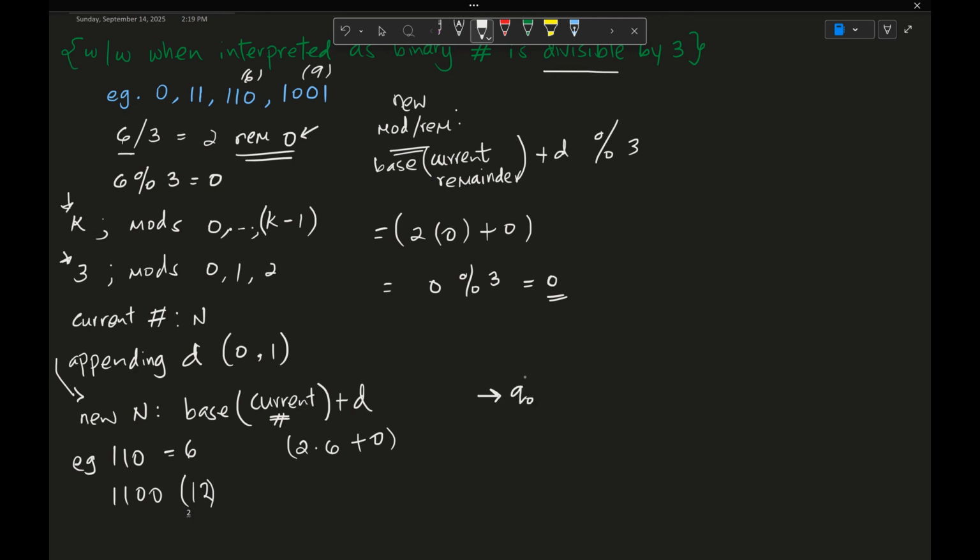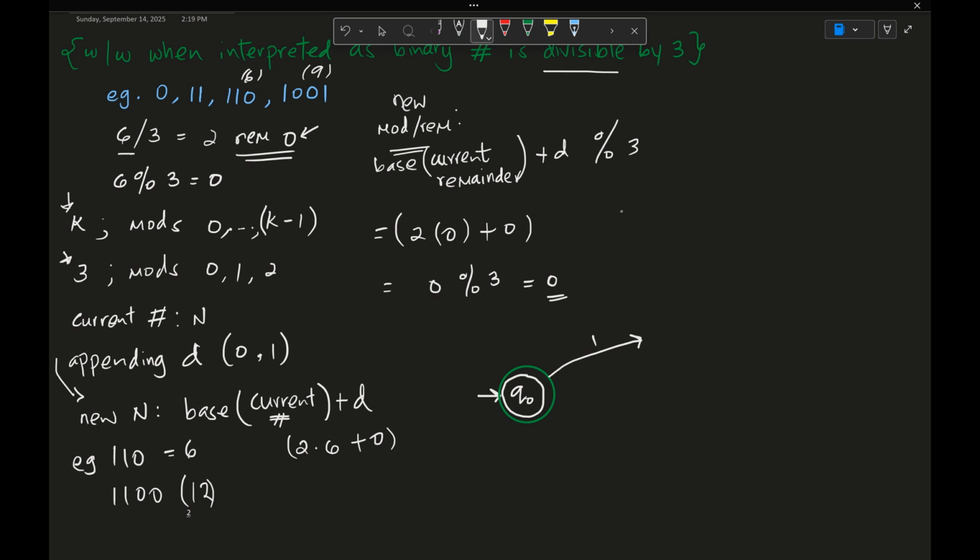So we'll have Q0 here, and we'll accept it. What happens when you see a 1? If we see a 1, our new mod would be 1. Let's get to the math.